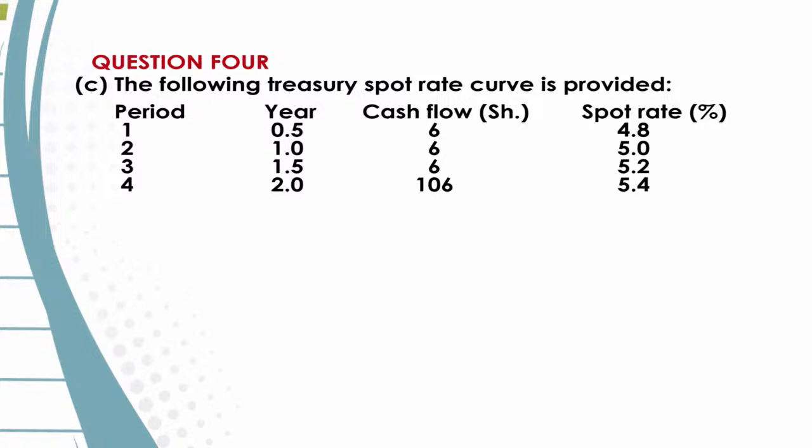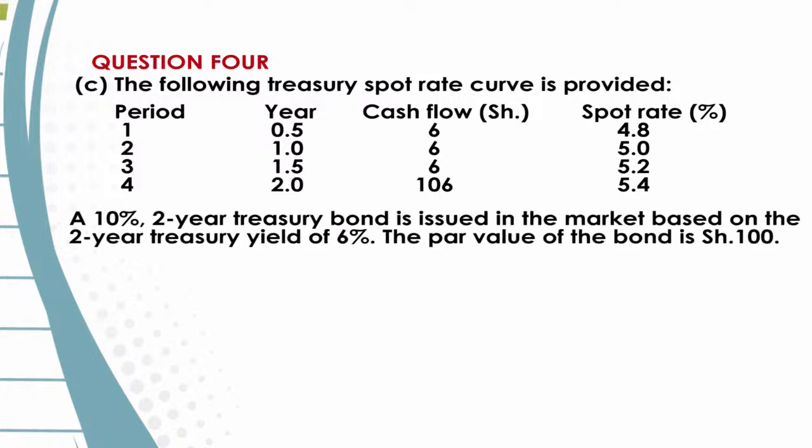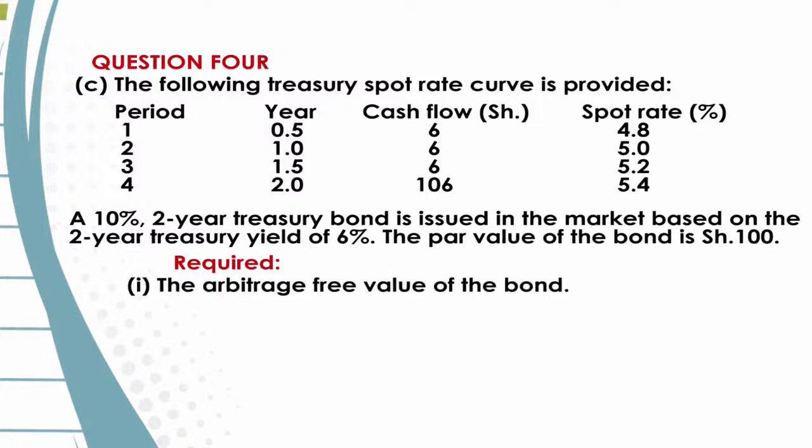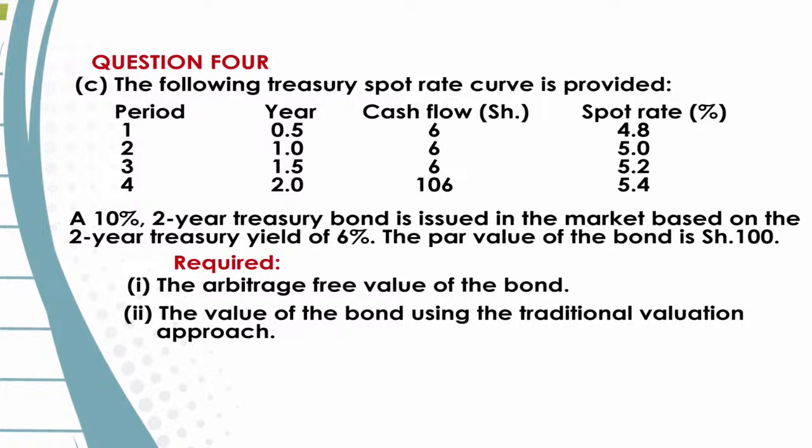Below the table, I read, a 10% 2-year treasury bond is issued in the market based on the 2-year treasury yield of 6%. The par value of the bond is 100 shillings. Required Roman 1. The arbitrage-free value of the bond, 3 marks. Roman 2. The value of the bond using the traditional valuation approach, 3 marks. Roman 3. The arbitrage profit, 2 marks.